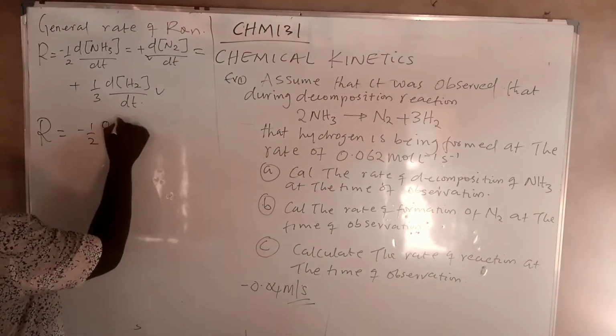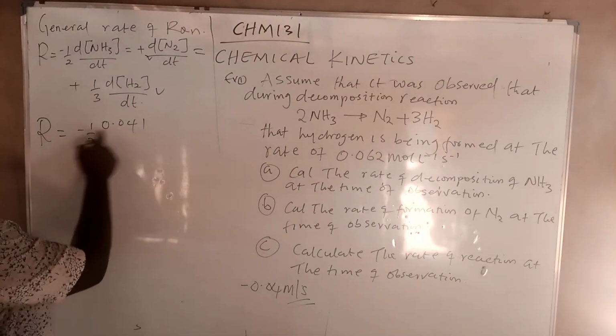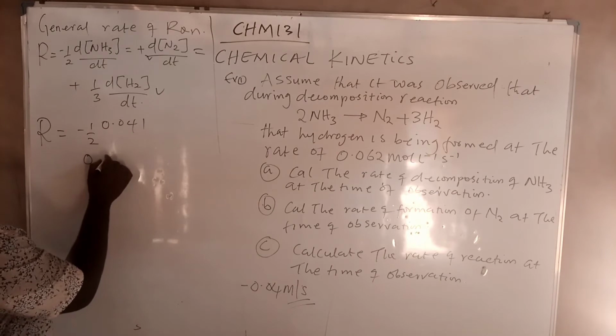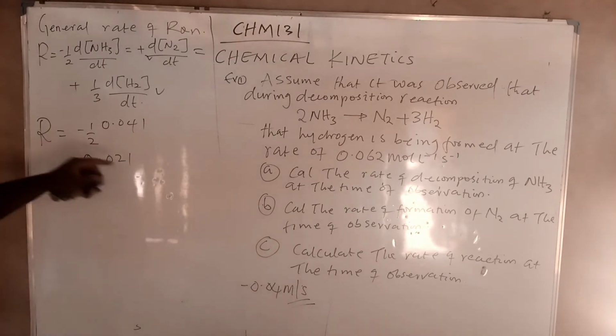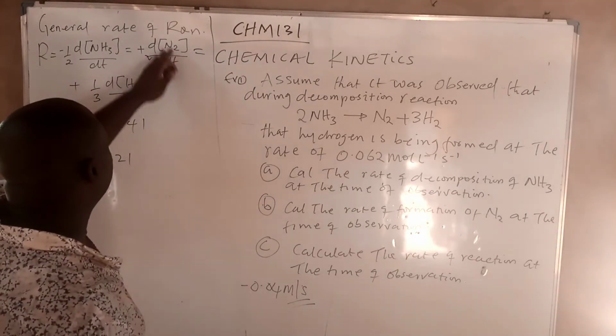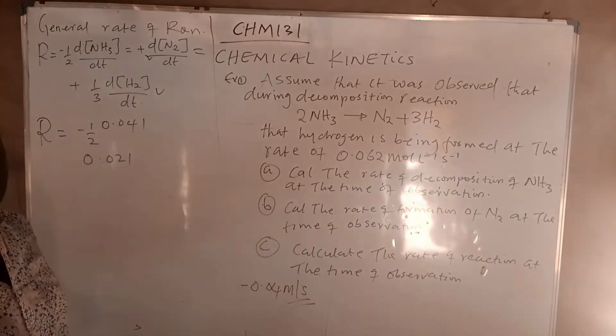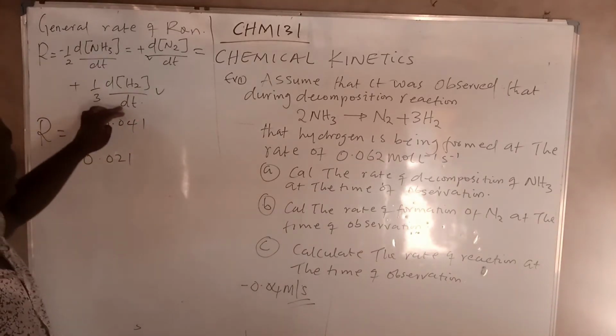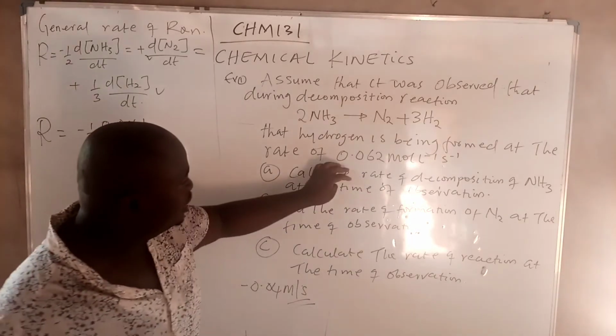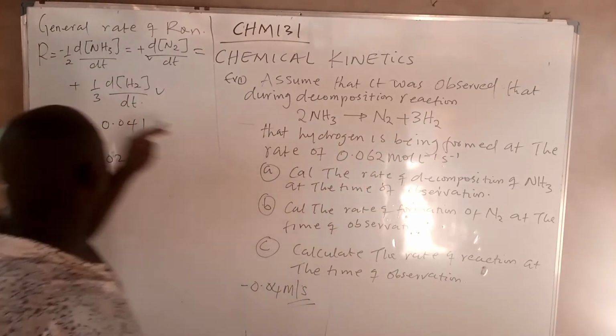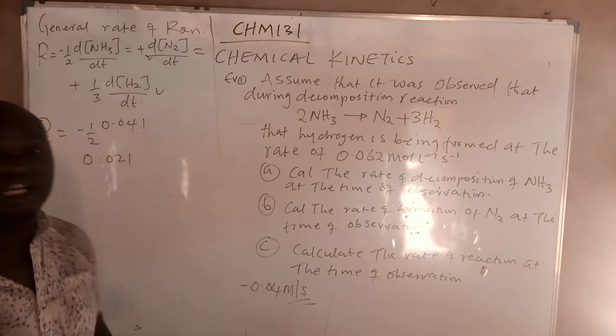So we have 0.041. If I divide it, I will get 0.021. If I still insert that of the nitrogen here, what did I get? That is also 0.021. That of the hydrogen is already given, 0.062. If I divide it by 3, I will still get this answer.